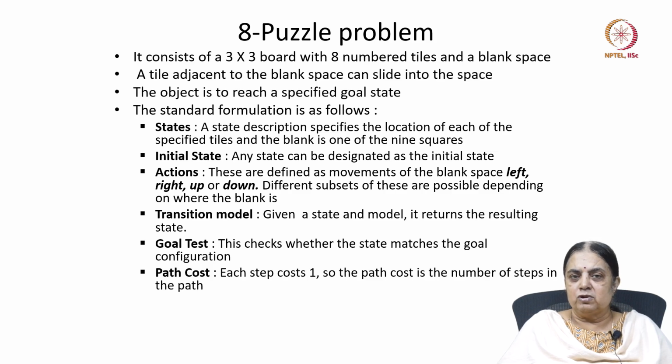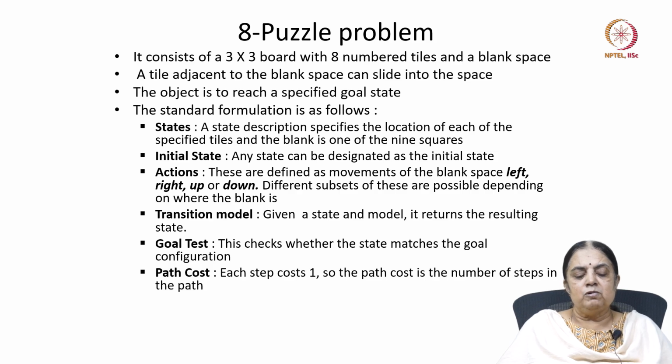So there are 4 possible actions: left, right, up and down. And some of these actions may not work. For example, if you are already at the right end and you say move right, then no operation takes place. And if you are right on the top, you cannot move further to the top, etc. So you have a subset of left, right, up and down. These are the actions, or the operations, that you can use.